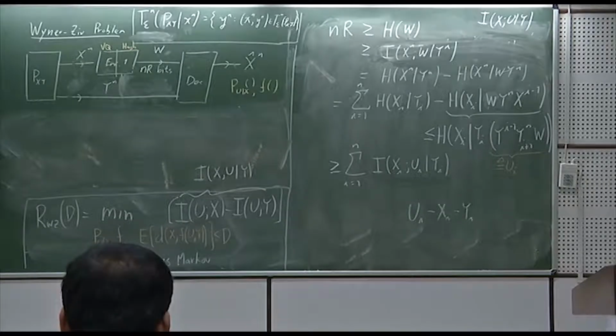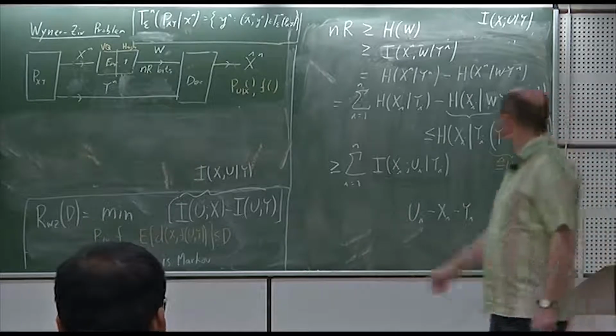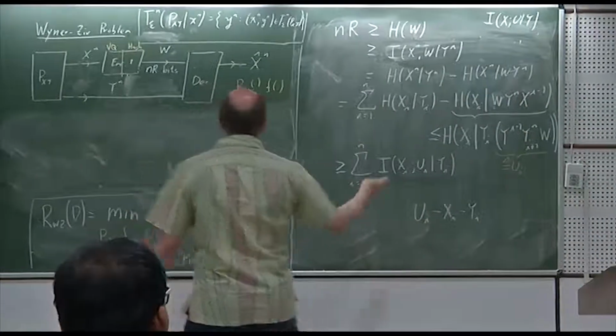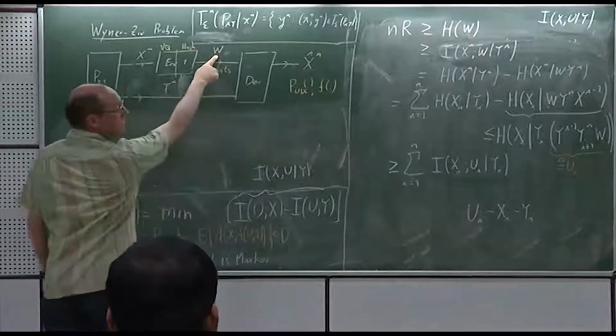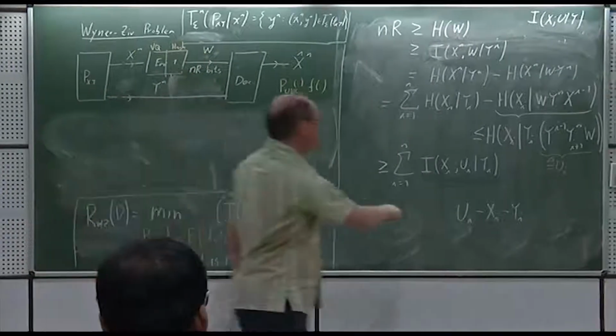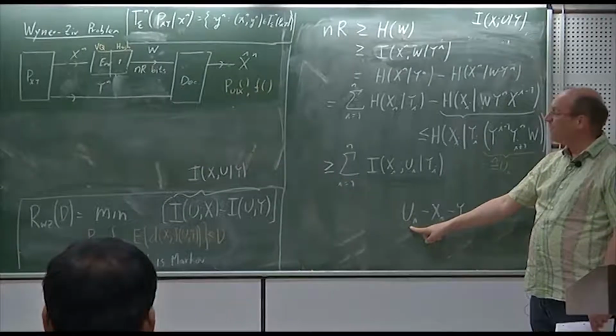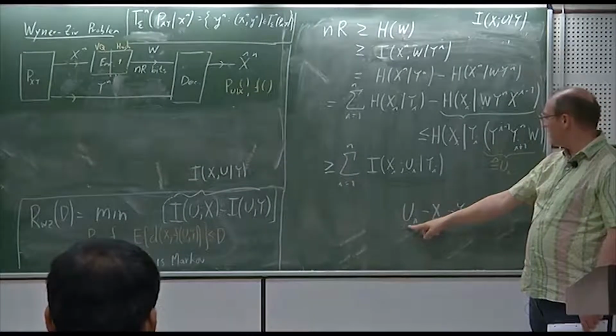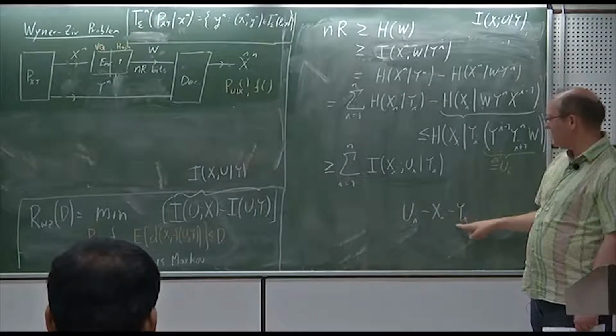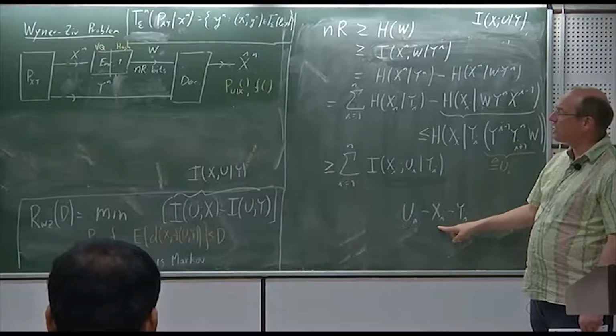Well, we'd have to check this. Let's see here. You see that W is in here. Well, I guess that's fine, because Yi is just a noisy function of Xi.